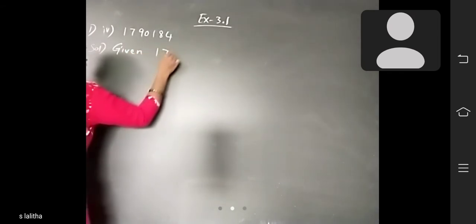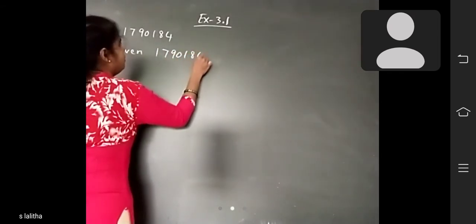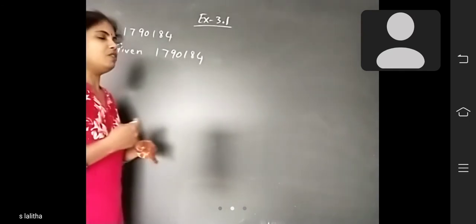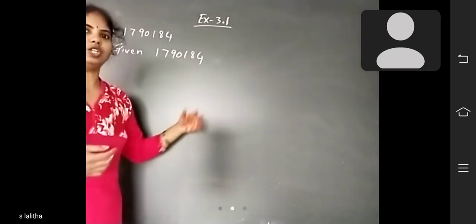So what is the number given? Fourth one? 1790184. What is the given number? Given 1790184. That means 17,90,184. Is it divisible by 2? First, what is the rule for divisibility by 2? You have to check the ones place.